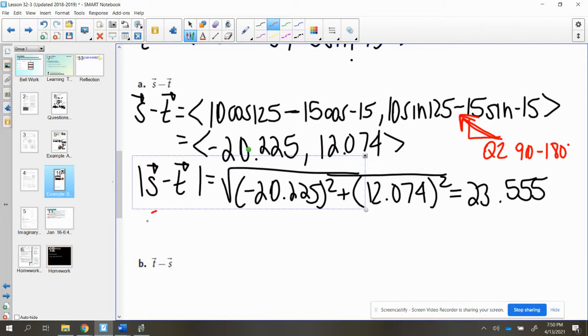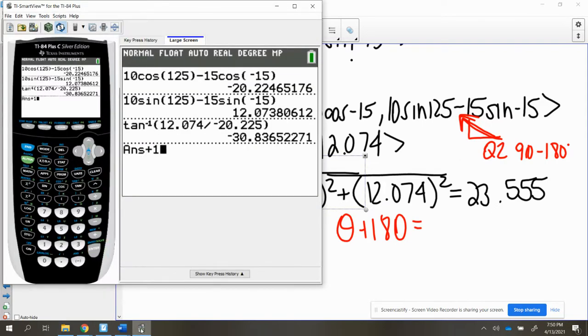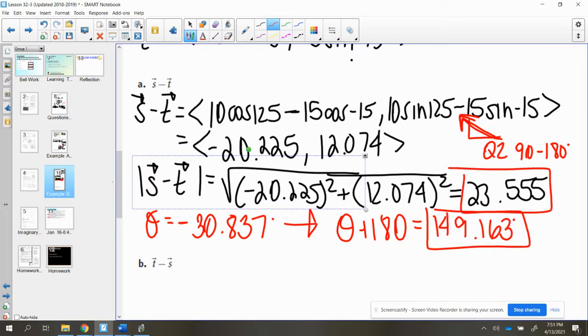So even though the theta value is coming out to be negative 30.837 degrees, really we know that based on the location, we're going to have to add 180 degrees to this to get it to be in the appropriate quadrant. So we would be at 149-ish instead. Okay, so your final two answers there would be the magnitude, and then of course 149 degrees is the direction.